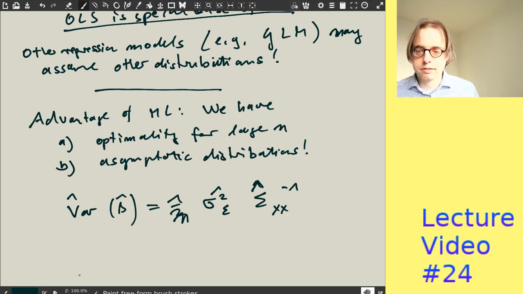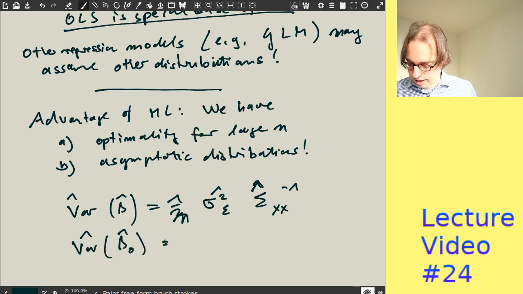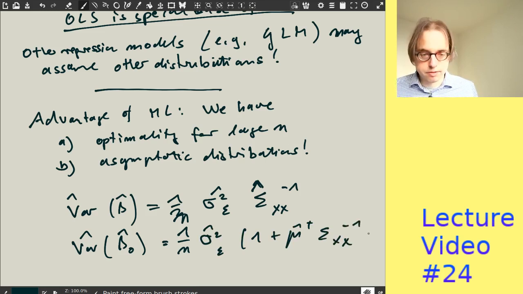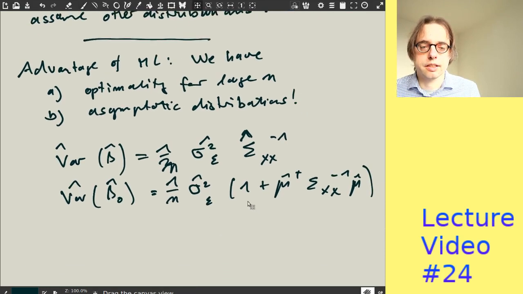The variance of the estimated beta naught is 1 over n, times the estimated noise variance, times 1 plus mu transpose sigma x to the minus 1 mu. So these are of course vectors, and this is a matrix.